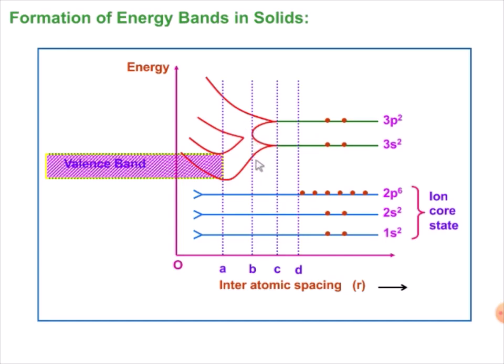Now when the interatomic spacing r becomes equal to A, that means the actual lattice spacing in the crystal, at absolute zero, what happens?